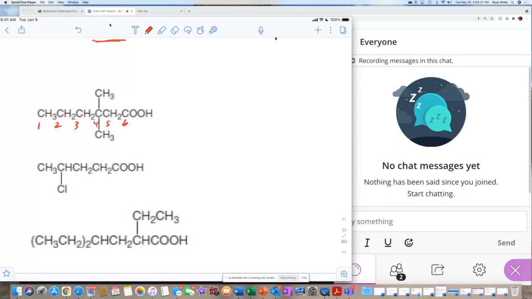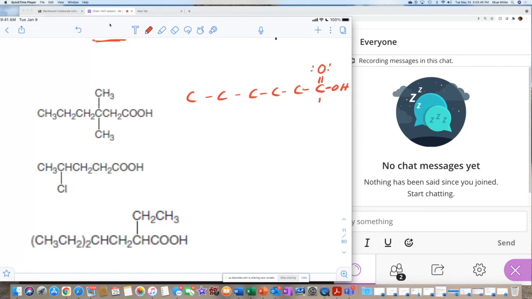This is the one that has the carboxyl group. I shouldn't have counted that way, because the rule says start from the carbonyl carbon, or the carboxylic carbon. That's okay. We'll be fine.